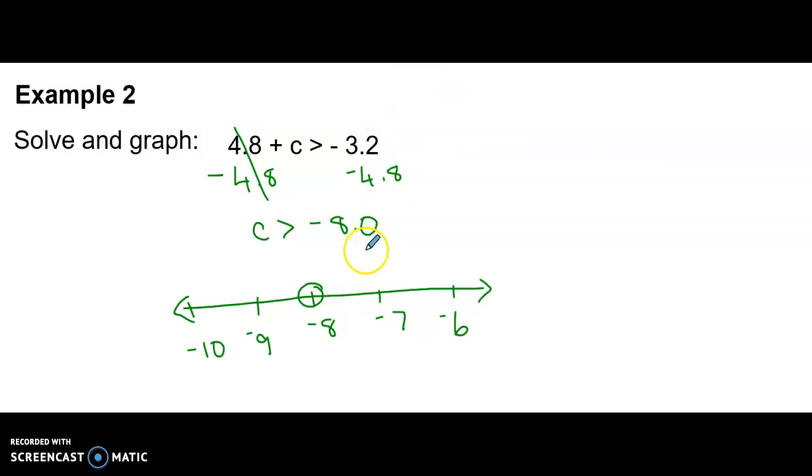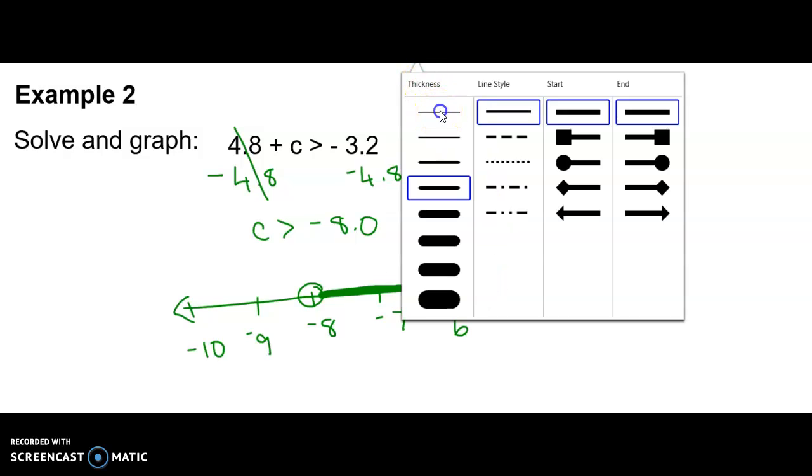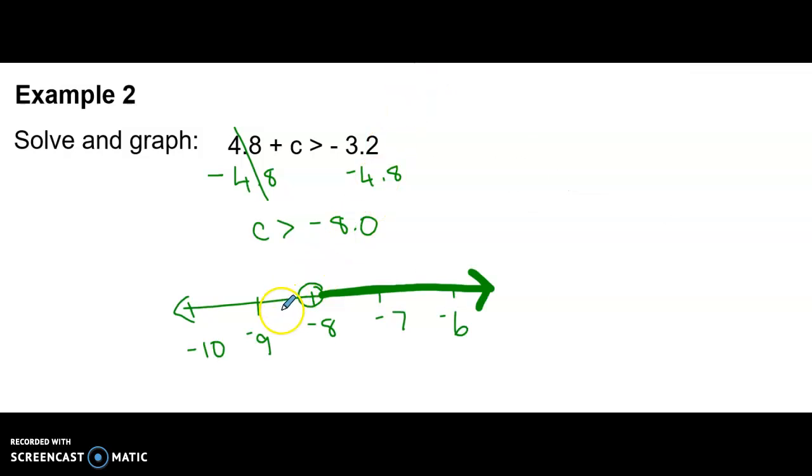I'm going to shade to the right because it's greater than, and I'll shade the arrow at the end as well. And that's the solution for 4.8 plus c is greater than negative 3.2.